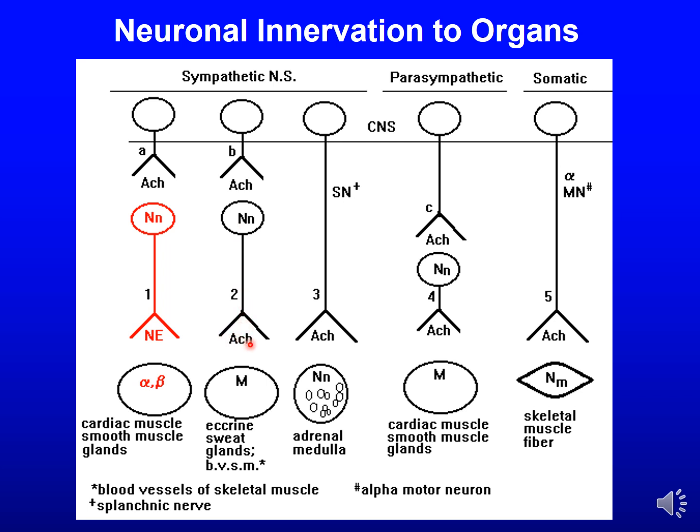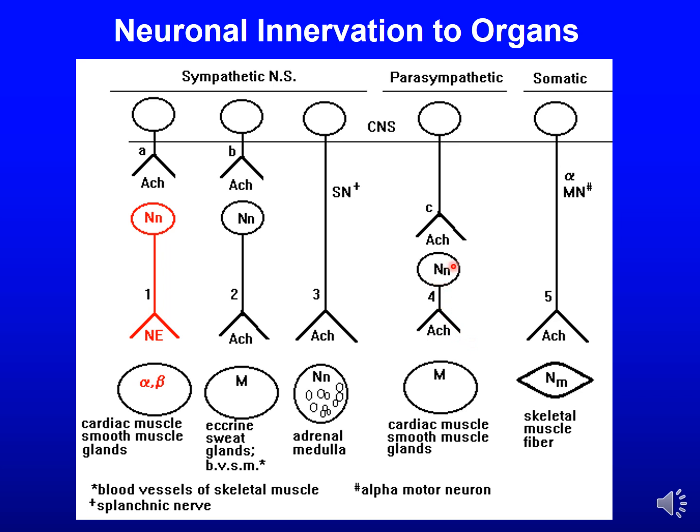An exception to that rule is the release of acetylcholine from postganglionic neurons to sweat glands, where they bind to muscarinic receptors. A second exception to that rule is the innervation of the adrenal medulla, where the preganglionic neurons themselves will reach the adrenal medulla. They will release acetylcholine.